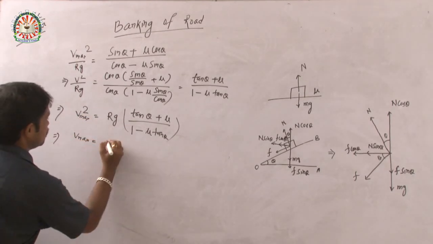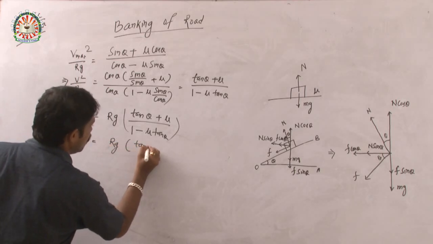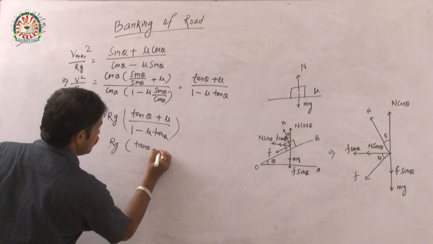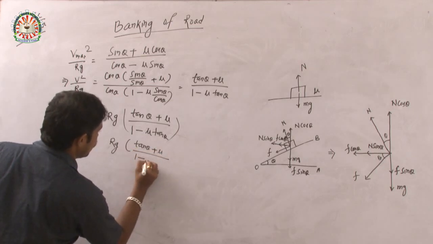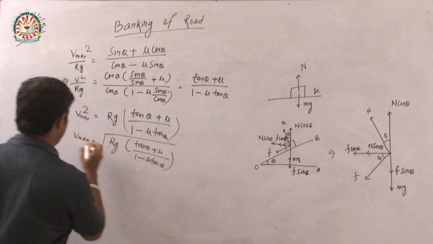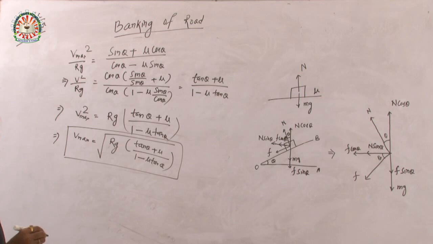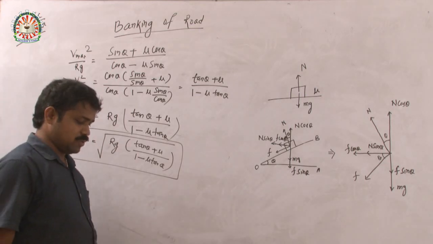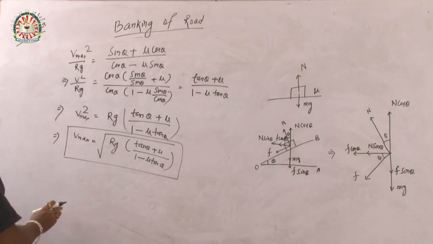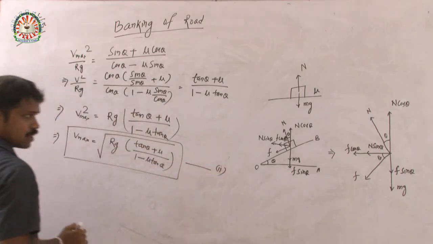So v max is equal to the root over rg into tan theta plus mu divided by 1 minus mu tan theta. Clear? This is very important. Listen very carefully. This is equation number 2.